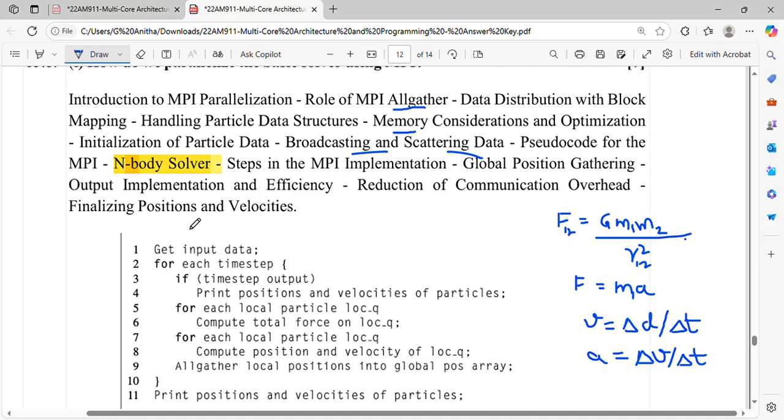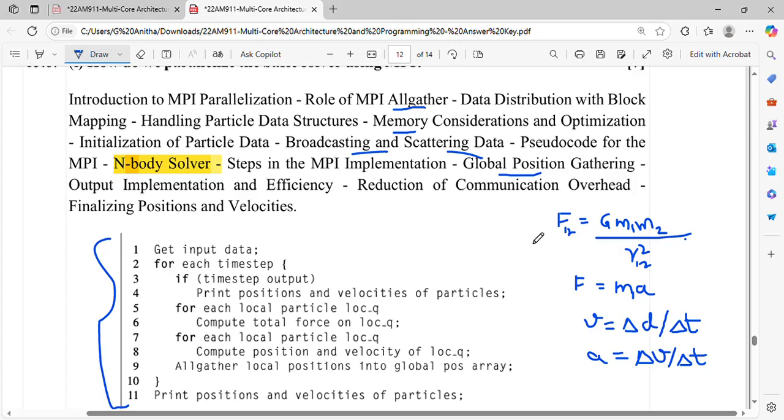Then we can see the pseudocode for solving the N-body solver program: what the steps in that MPI program are, and how we calculate the global position and the velocity of the atoms, the particles.